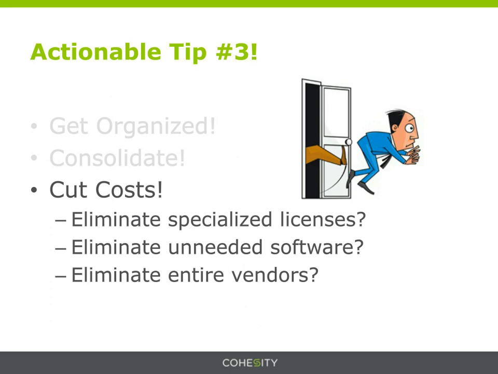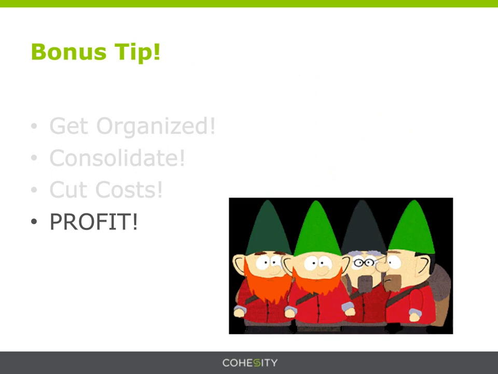Well, in a sense, it's not the servers this time, it's the vendors. It's a lot of the licenses, a lot of these software silos and specialized licenses that you can now get rid of, because you have a platform such as the Cohesity platform to consolidate all of these, index everything, and act in a distributed scale-out fashion. And for any South Park fans out there, of course, the last phase of any project is always profit.